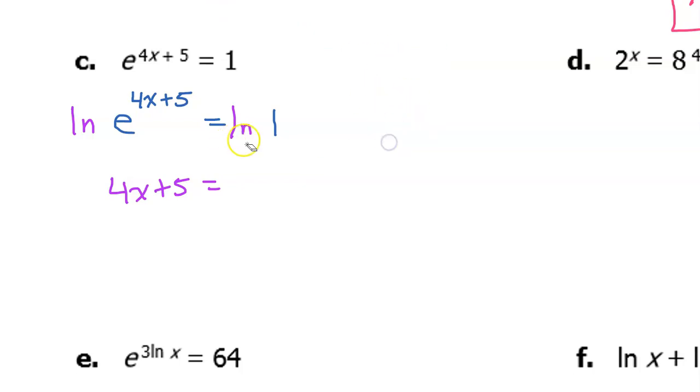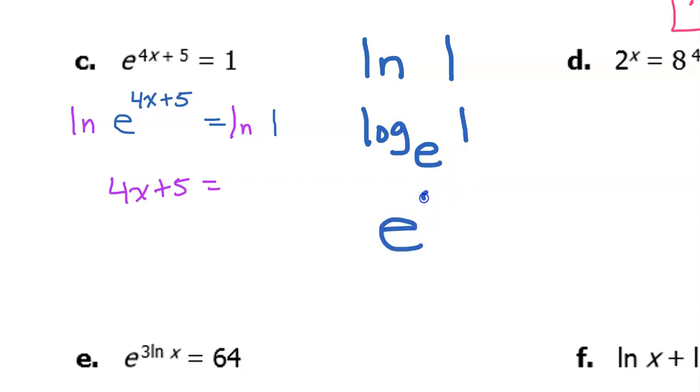So this log of 1, let me just rewrite this real quick. Natural log of 1 is the same thing as log base e of 1. So this is asking the question, e to the what power is equal to 1?